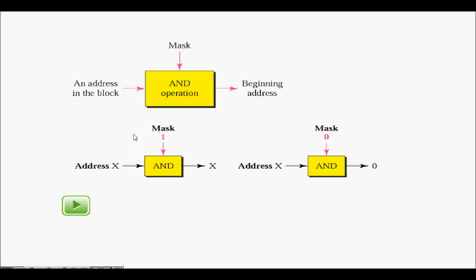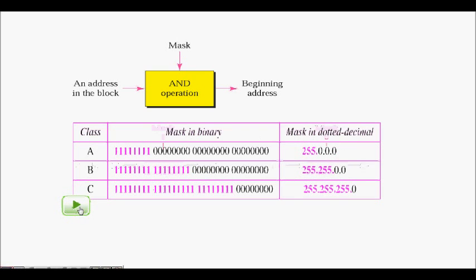ANDing with 1 keeps the bit as it is, and ANDing with 0 gives 0. The binary mask for class A addresses keeps just the first 8 bits, so I will have these as ones and all others as 0. In dotted decimal form this is 255.0.0.0.